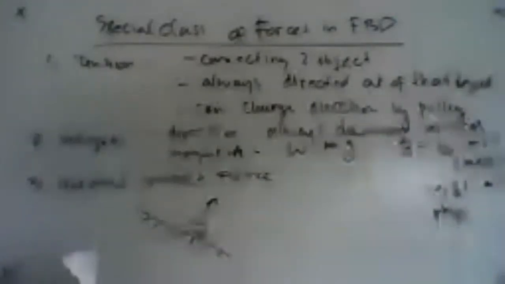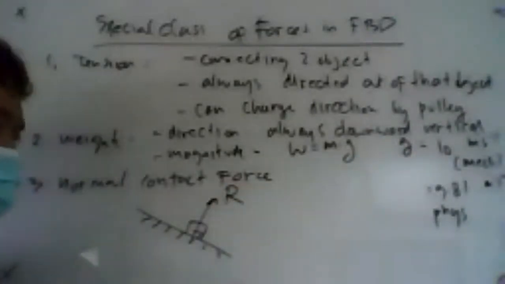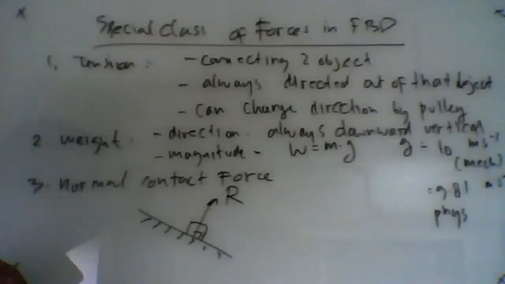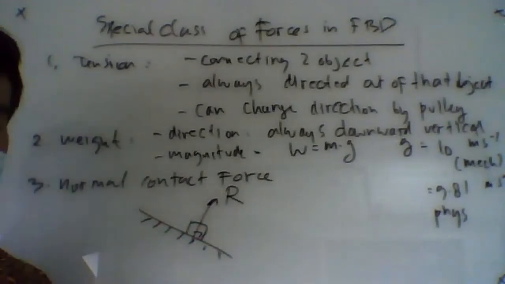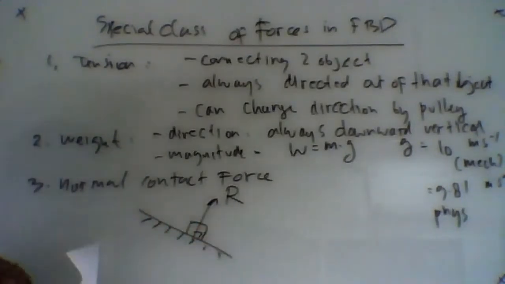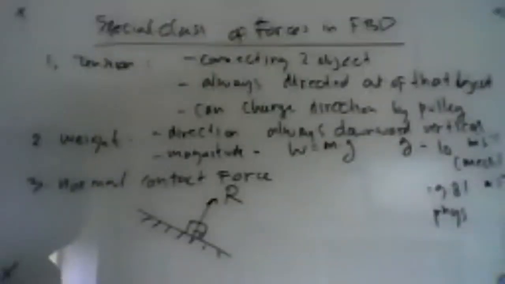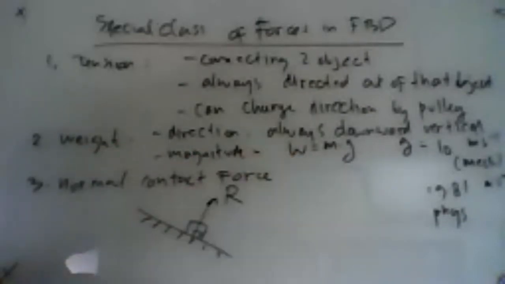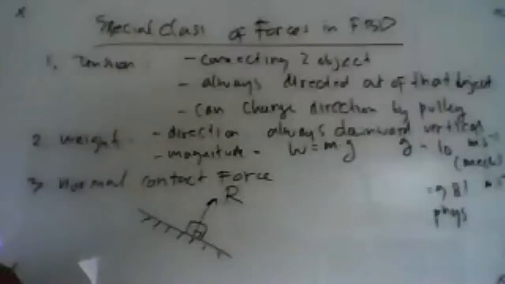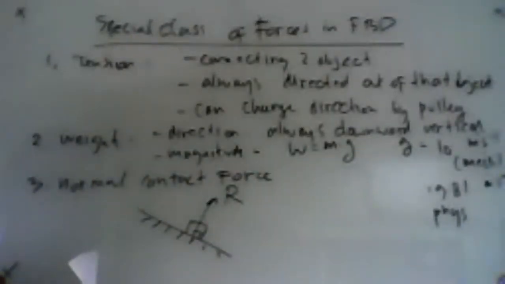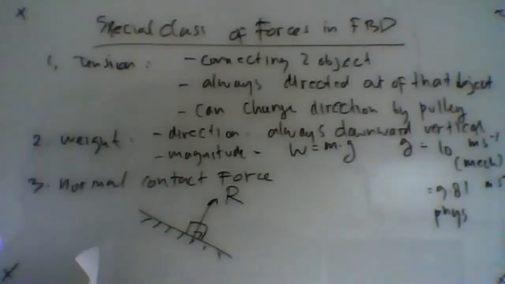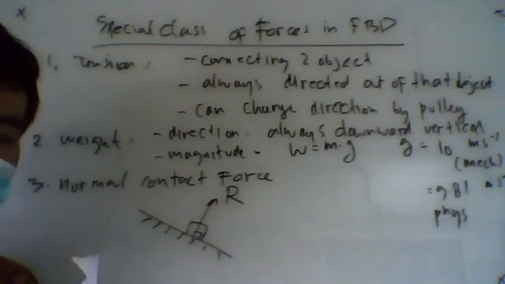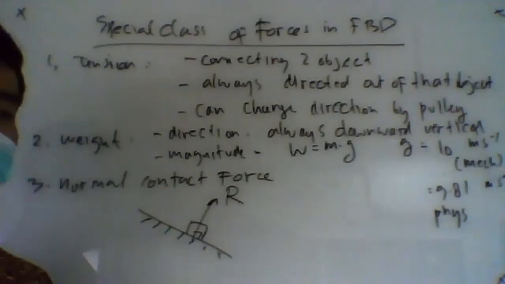In our book, most of the time we are going to write it as R. But in some other books, you will have the normal contact force designated with the letter N. I repeat, in this mechanics book, the symbol for the normal contact force is going to be R. Unlike weight, which is invariably written as W, and tension, which has the symbol T, for the normal contact force the symbol is not that established. So we can use either R in this book, or in some other books, N.